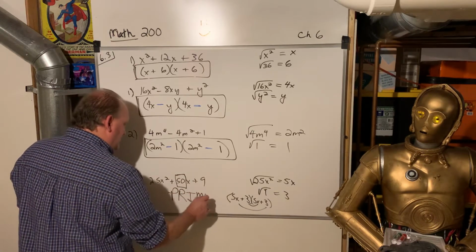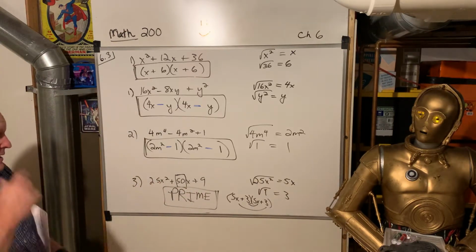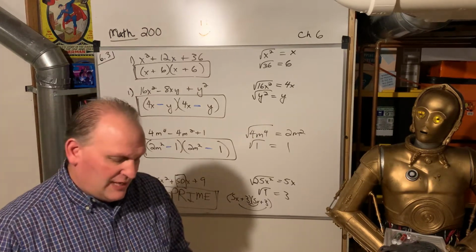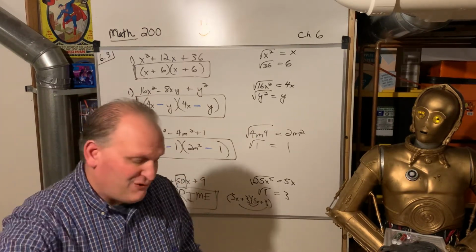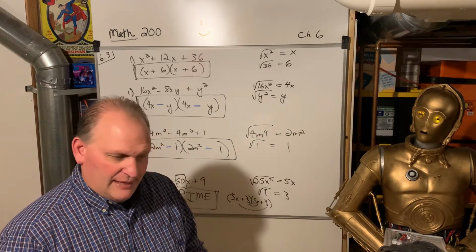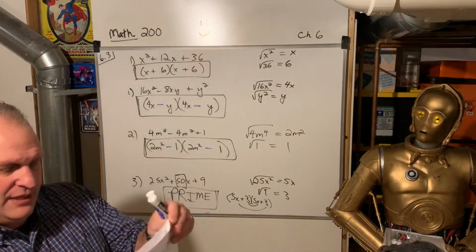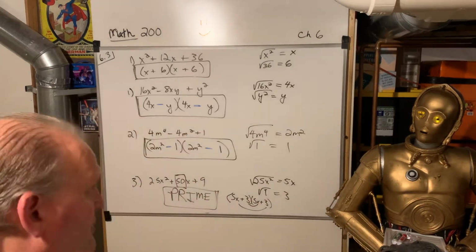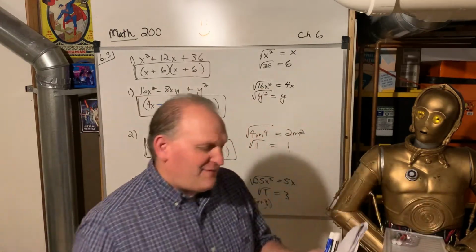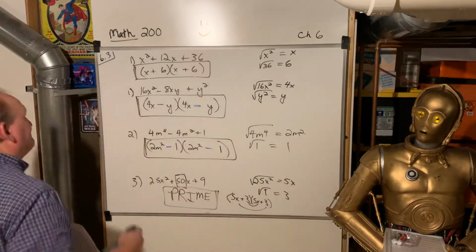So they snuck a prime in there on us on number 3. If they tell you ahead of time it's a perfect square trinomial, there shouldn't be a prime one in there, so that was a little bit of a weird one to put in. I think the idea of the note packets here is that anytime you can't factor it, no matter the scenario, it's prime.